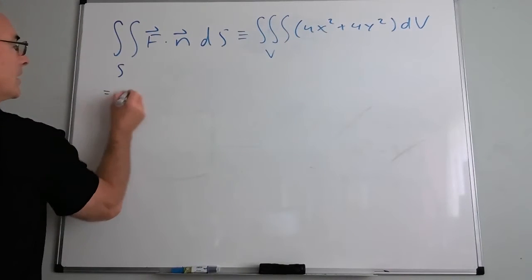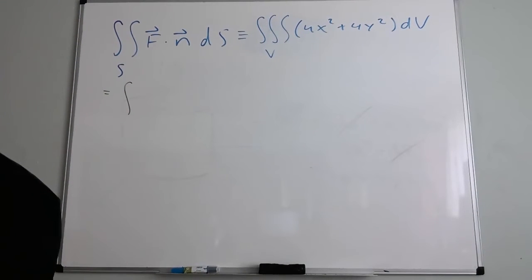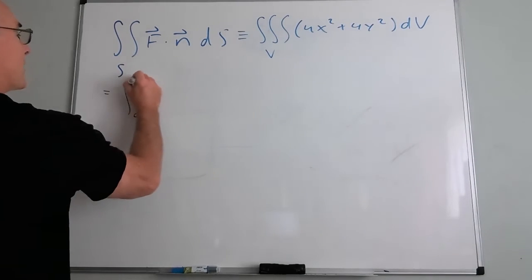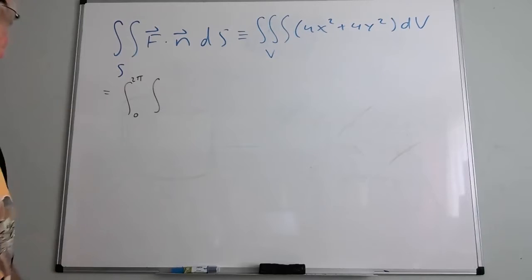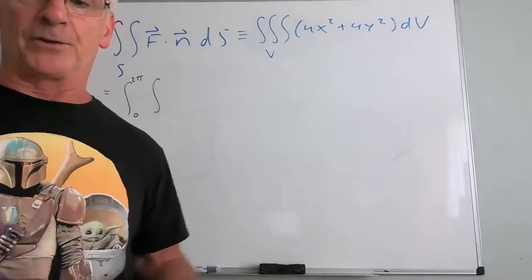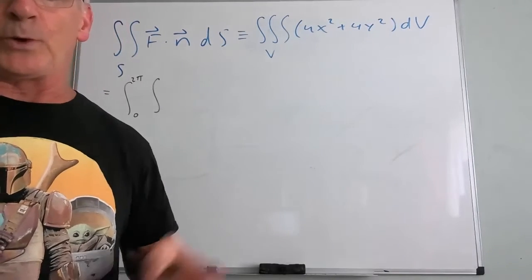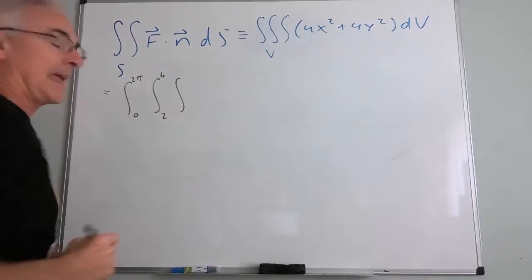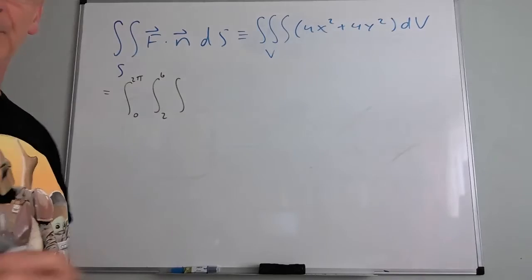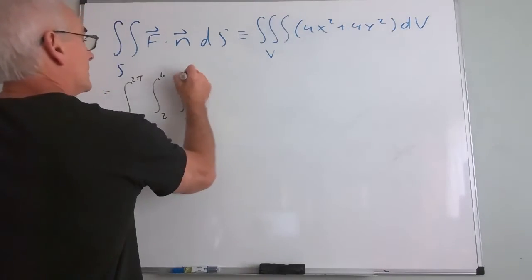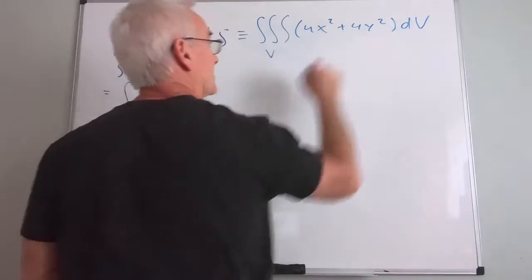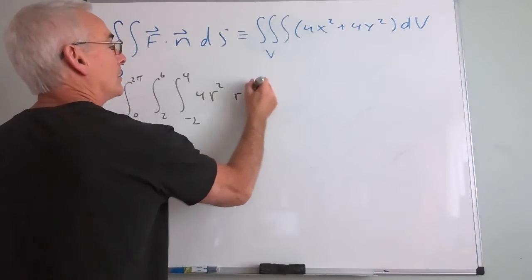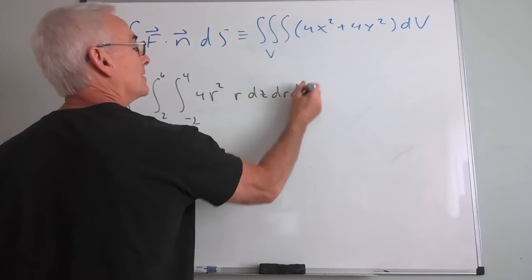And this would then become, 0 to 2 pi for the theta. Remember, I had a circular cylinder where the inner and outer circles were of radius 2 and 6. And then I had the z's going from -2 to 4. This in polar would then be 4r squared, and then I'd have r dz dr d theta.